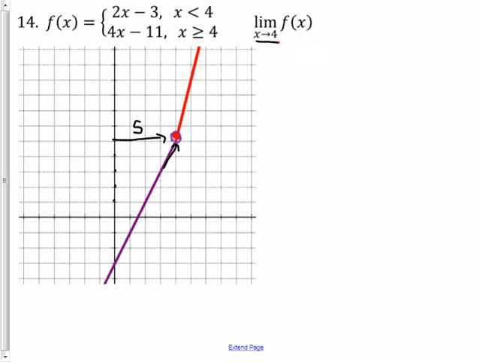Now we also have to look from the top side. From the top, we've got going down, we're hitting the same point. Now it doesn't matter that for the top one, we are actually using a different function and our slope changes. We're still approaching the same value of y equals 5. So in this one, our limit equals 5 because it approaches the same value from both sides. That's all we're checking.